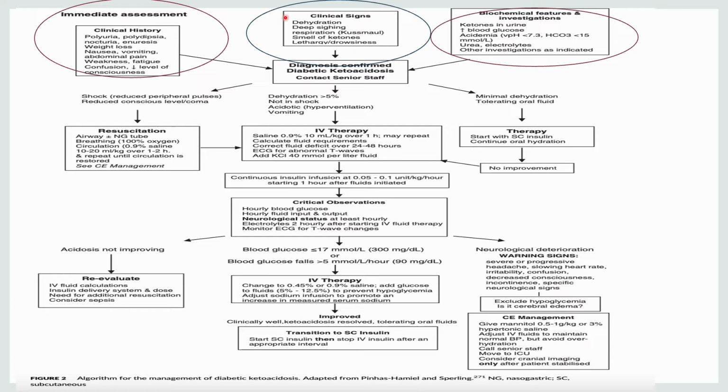And you look for signs of dehydration, shock, poor perfusion, Kussmaul breathing, that is very deep sighing breathing, smell of ketones, lethargy, drowsiness, or any neurological signs. And then if you are sure that this is a case of diabetic ketoacidosis, put in a cannula and send the basic investigations, blood glucose.